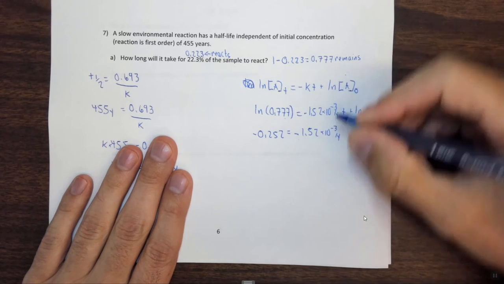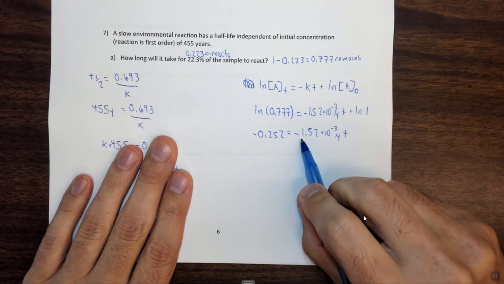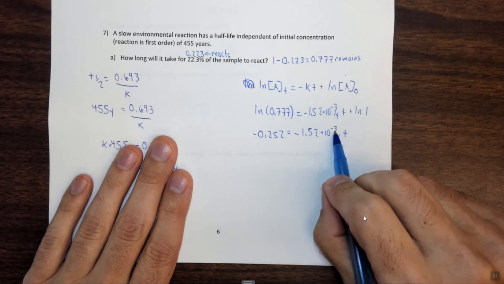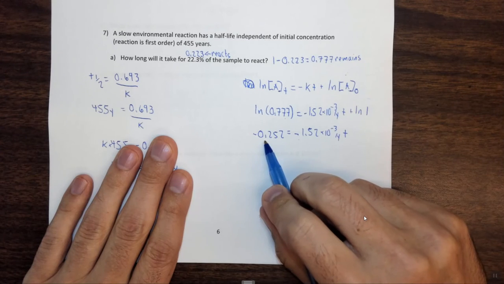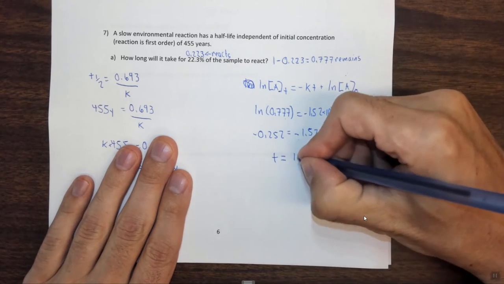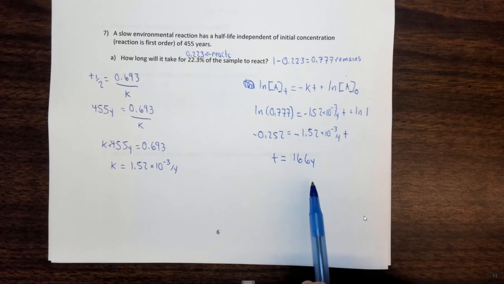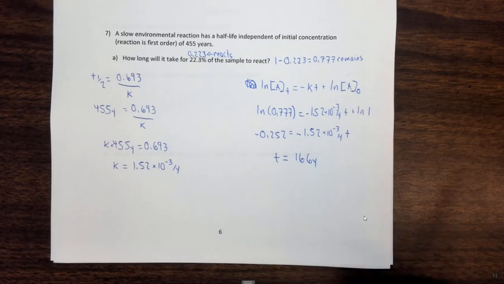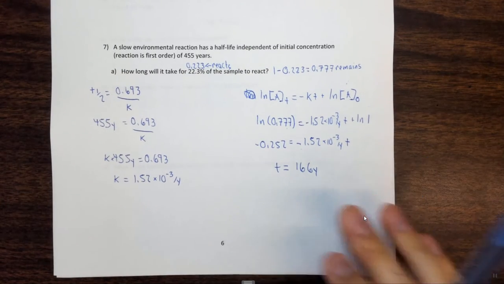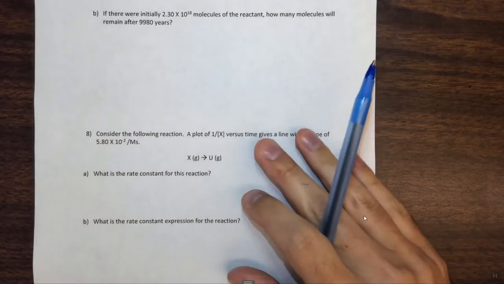Divide both sides by negative 1.52 times 10 to the minus 3, and you find that T is equal to 166 years. So it will take 166 years for 22.3% of the sample to decompose or react.